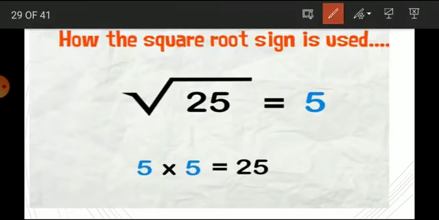See, if the value is 25, the root of 25, we can get the square root value in an easy way. Which number multiplied twice gives the answer? Here it is 25, so 5 fives are 25, so we can use it twice.